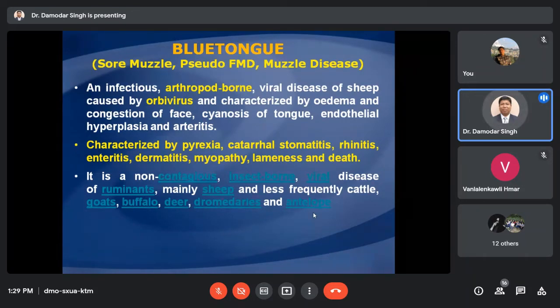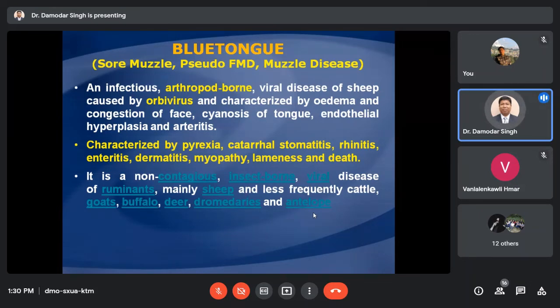Okay, and the affected animals show a high rise of body temperature, pyrexia, catarrhal stomatitis, rhinitis, enteritis, dermatitis, myopathy, lameness, and finally death. So it is one kind of non-contagious disease.